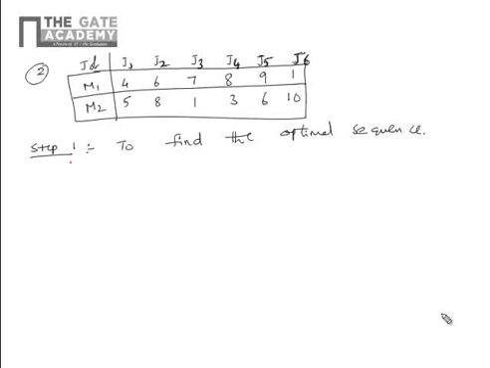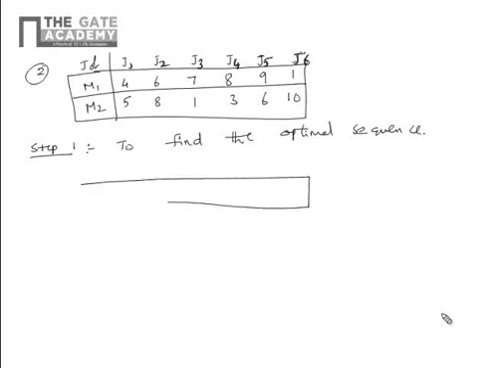To find the optimal sequence, first start with the least processing time in the machines.